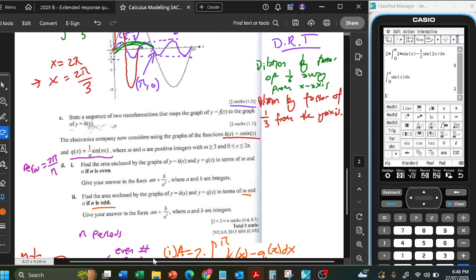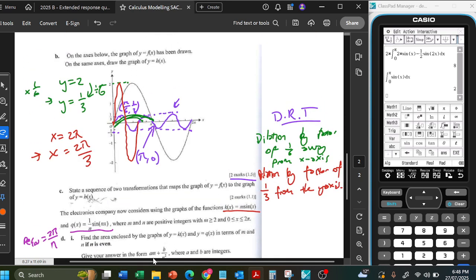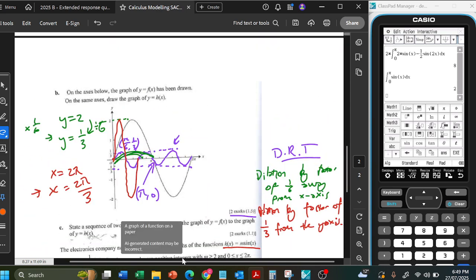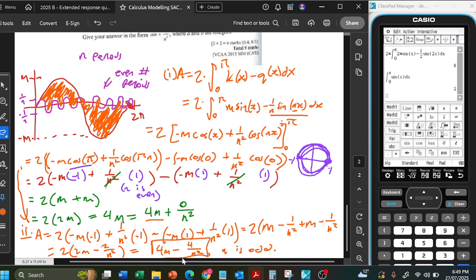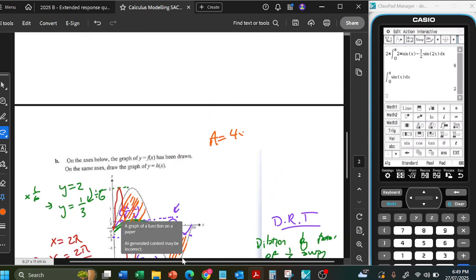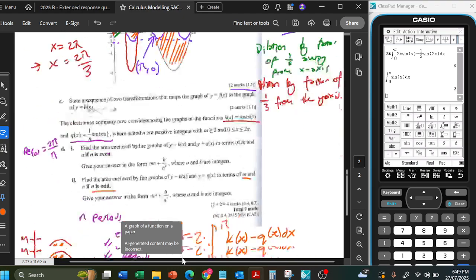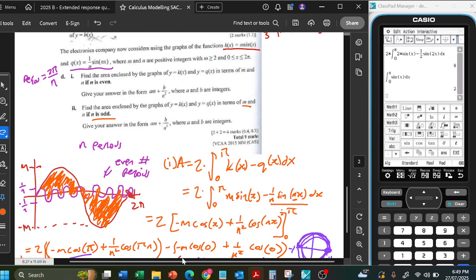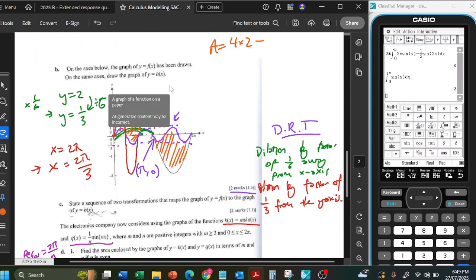In this other part here, we didn't actually have to find the area in part B, but if we did, it should follow this pattern as well. So the area for part B, which was this area, between that larger one and that purple one, hypothetically should be equal to 4 times m, and in this case m was equal to 2, minus 4 over n squared, and n is equal to 3 in this case.